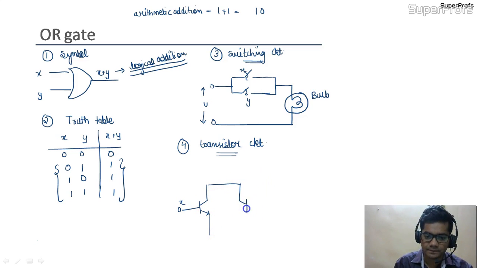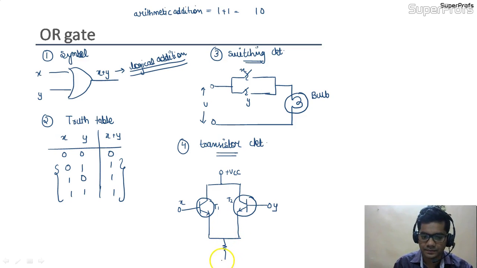So these are two transistors, okay, and this is plus VCC, this is transistor T1, and this is transistor T2, and this is resistance R, and this is ground, and the output we are taking from this point, that is Z is equal to X plus Y.